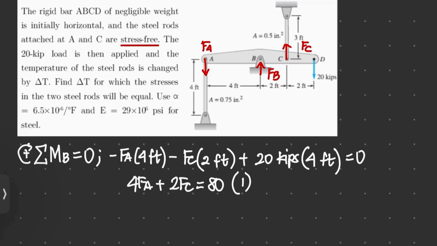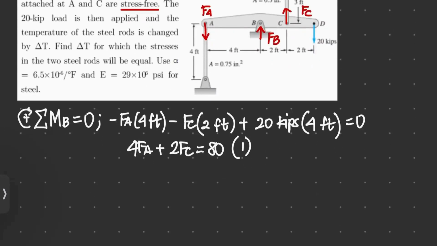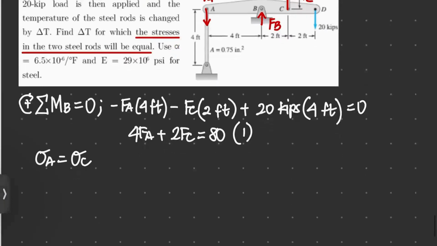Next, we know that the stresses in the rods are equal. This is the goal, to ensure that the stresses in the rods are equal. So let me highlight this part in the problem. If the stresses in the rods are equal, this is our second equation.